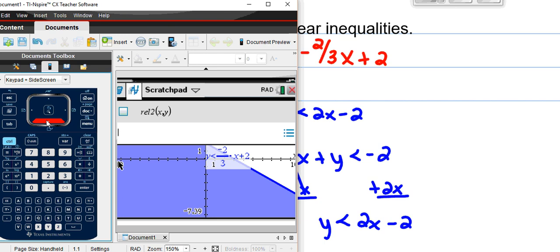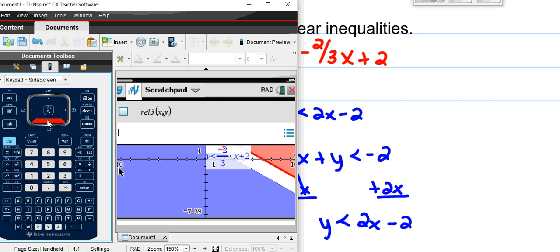The next one is y. Make sure you press Control equal. Go ahead and click on your greater than or equal to. Make sure you grab your negative 2 divided by 3 x plus 4.